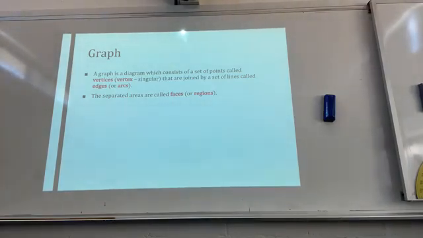So the general definition of a graph is points called vertices connected by edges, and all the separate areas are called faces. All right, this is the basic one. I have never seen a question tested on this, but you do need to know the definition.